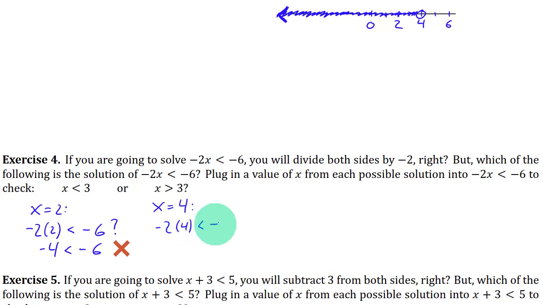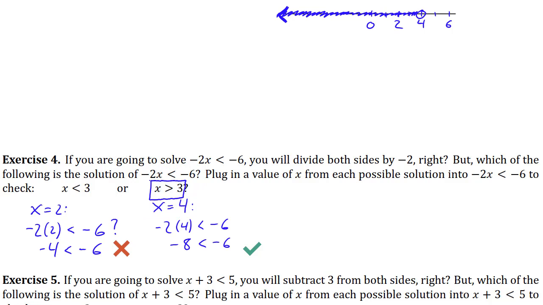Is that less than -6? -2 times 4 is -8, and that is less than -6. So that means 4 is a solution. So we want the side of 3 that contains 4. By that I mean x is greater than 3 is the solution here.